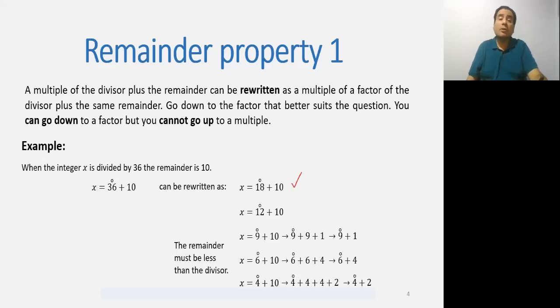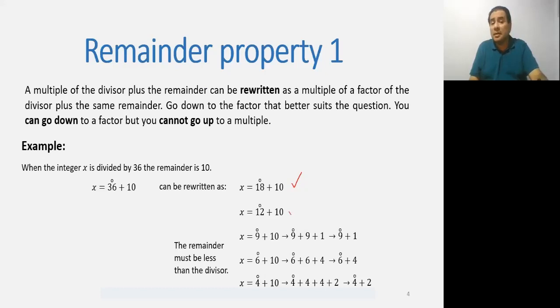Well, simply because 36 contains 18 an even number of times, so any multiple of 36 is also a multiple of 18. So saying that x equals a multiple of 36 plus 10 is the same as saying that x is a multiple of 18 plus 10. And it will also be the same to say that x is a multiple of 12 plus 10, because a multiple of 36 is also a multiple of 12.